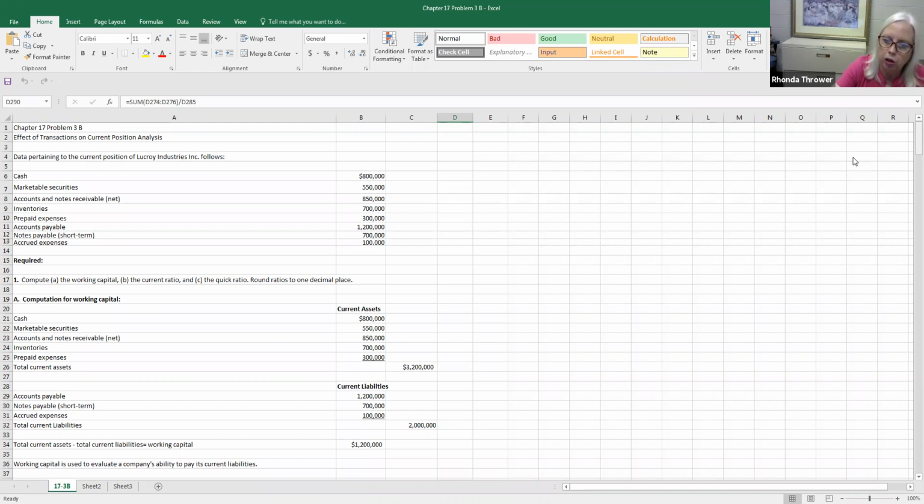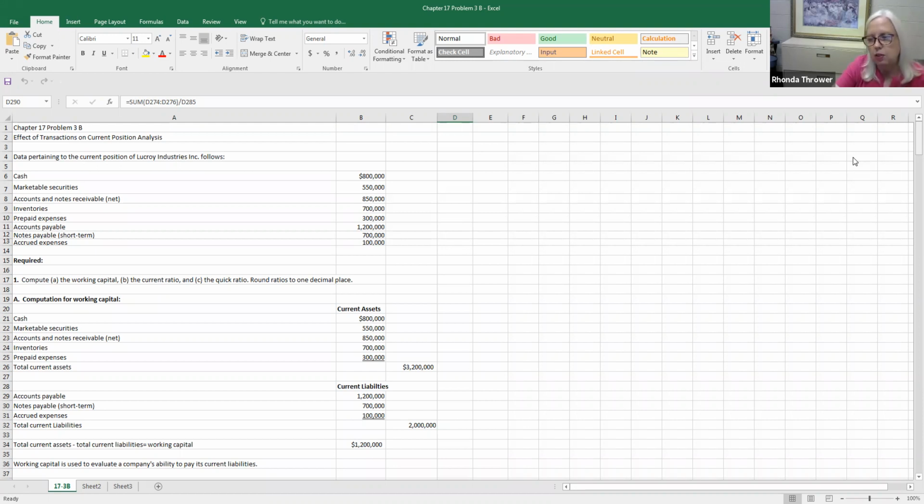And then your quick ratio would have changed because your cash amount decreased. It decreased to $600,000. So cash of $600,000 plus marketable securities plus your accounts and notes receivable added together would give you the total quick assets. And then you would divide that by your current liabilities, and that would give you a quick ratio of 1.